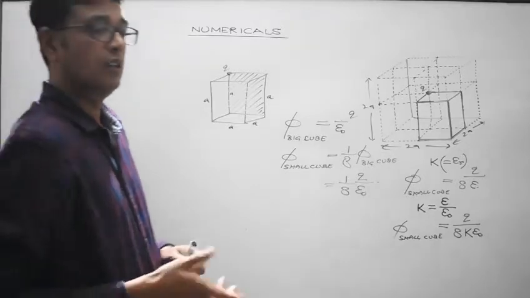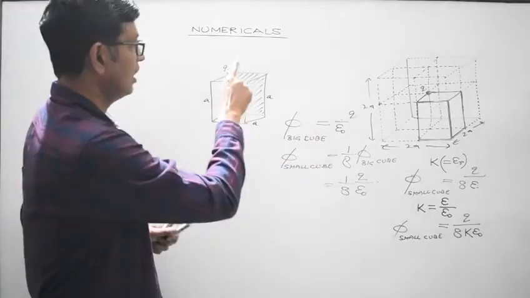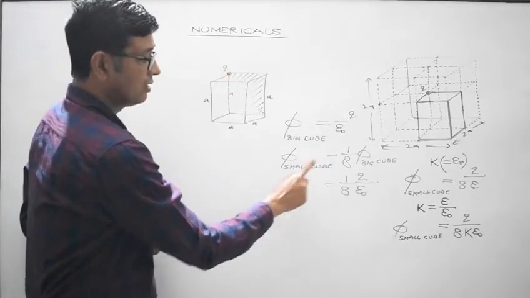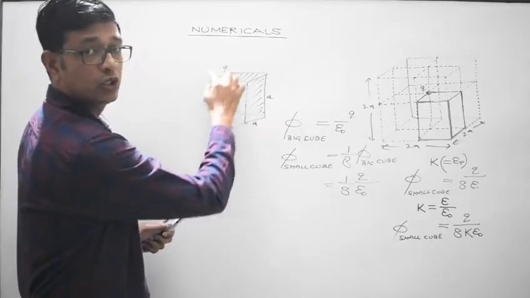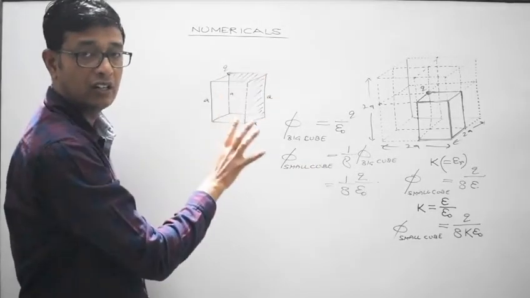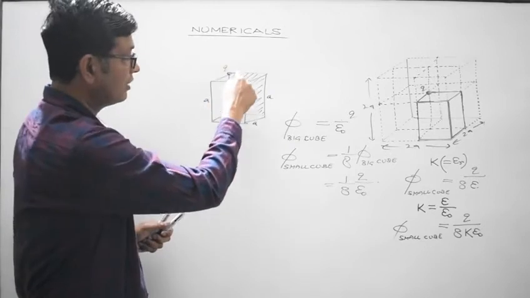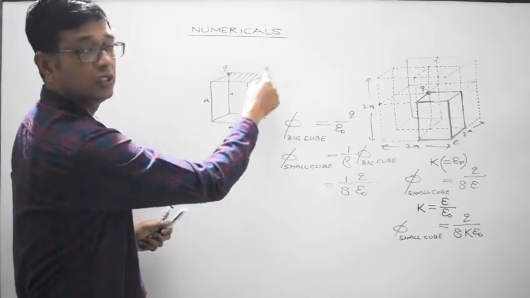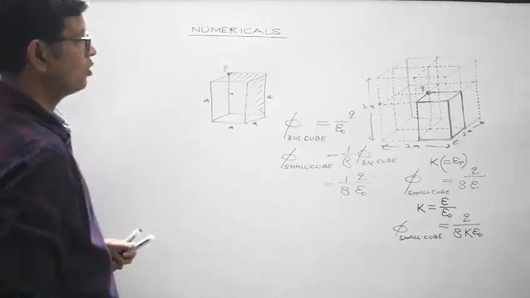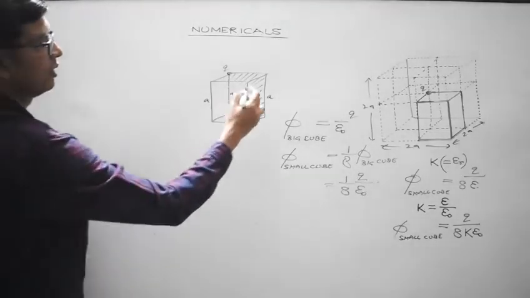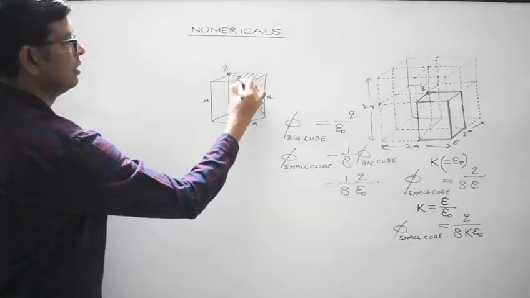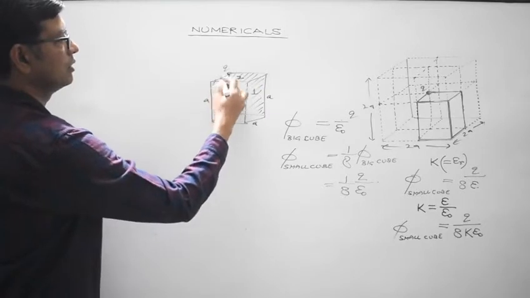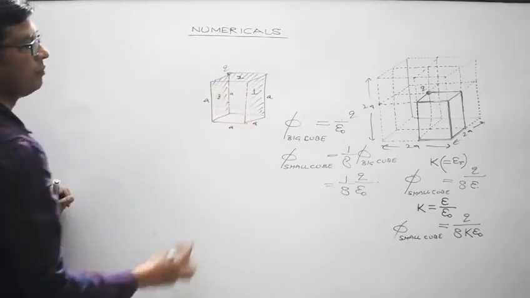Earlier what we did was, the charge is situated in the corner, and this is the flux associated with the entire small cube. Now I am asked in the same question, the flux associated with one face of the cube. Now concentrate on this diagram. These are the faces, first, second and third. This one is the third face.